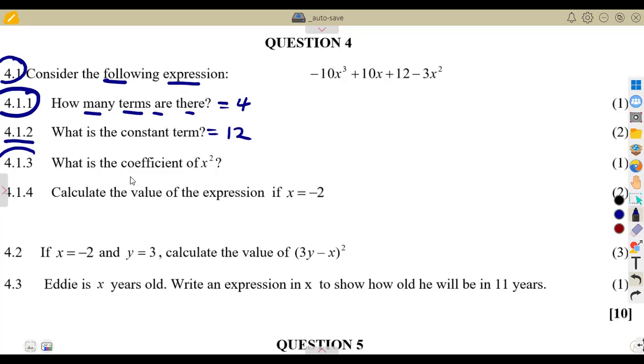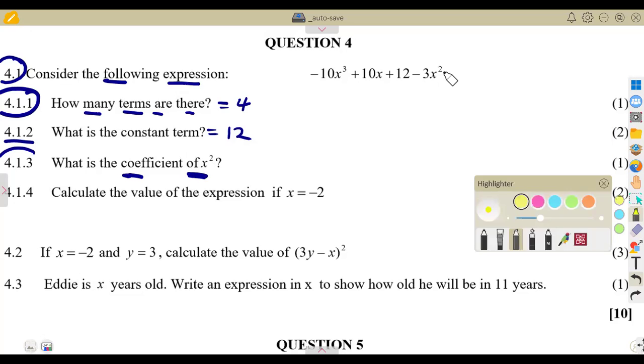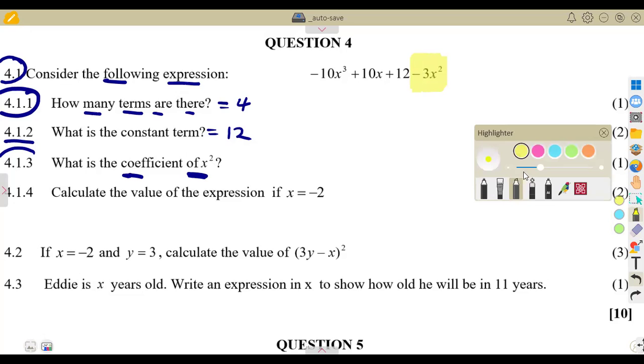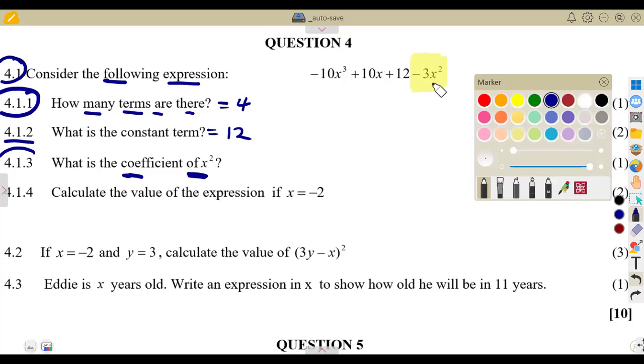4.13, what is the coefficient of x squared? The coefficient of x squared is the number multiplying x squared. This is where our x squared is. What is the number that is multiplying x squared?